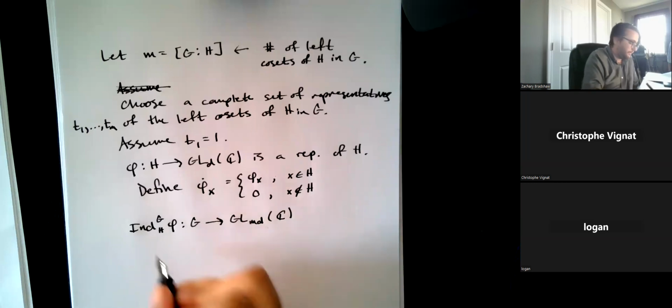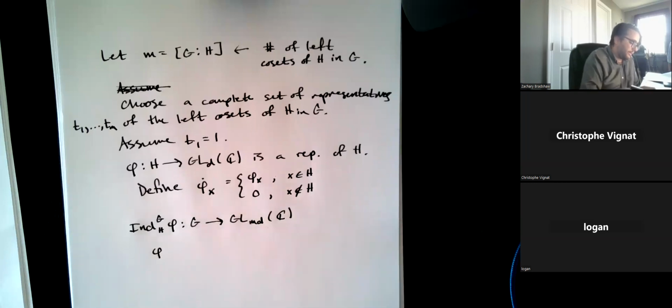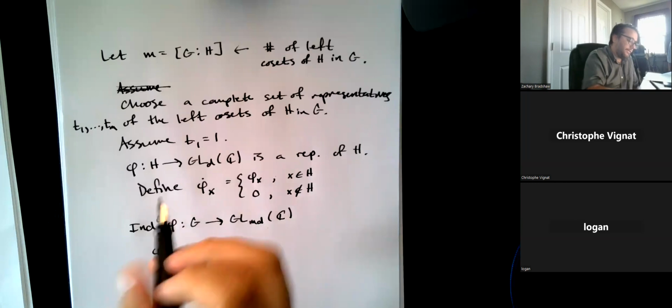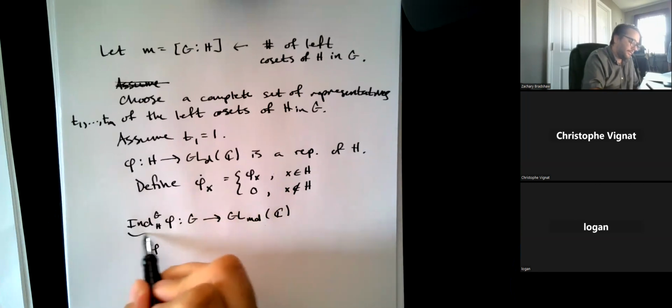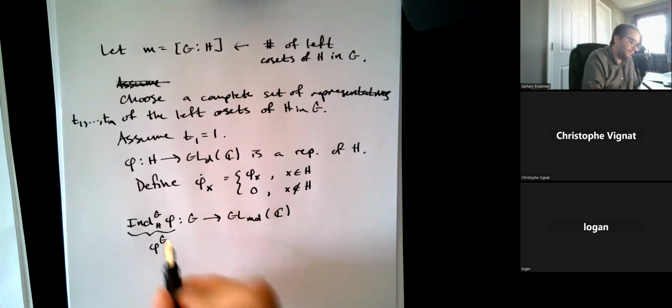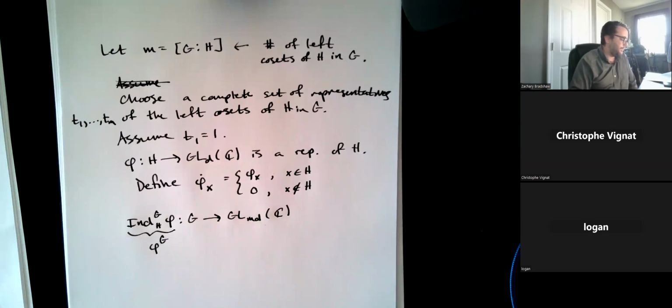In matrix form, I need to give you some notation. This map here, I'm going to call phi G, just to save a little space.